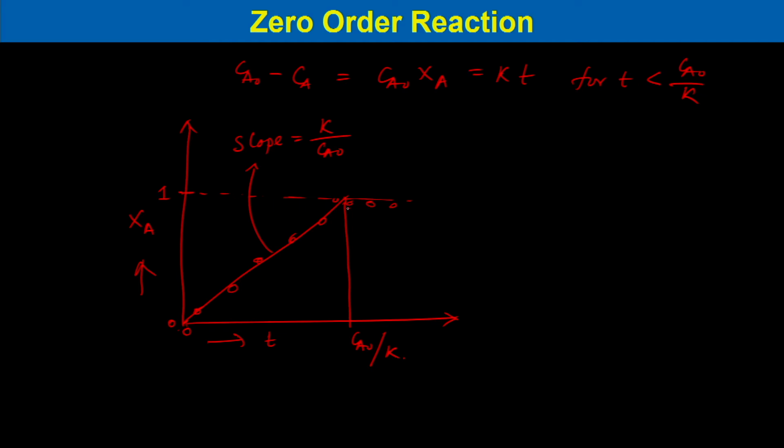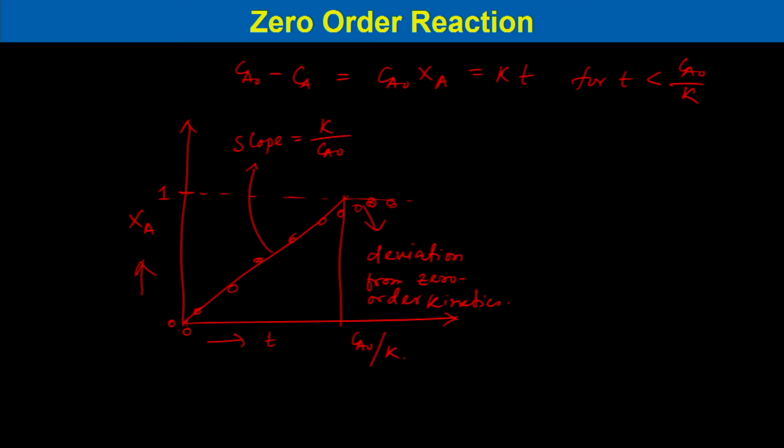And you can note that from batch reactor data there is some deviation from 0 order kinetics. So, this is the deviation at higher conversion, maybe you will obtain data like this.